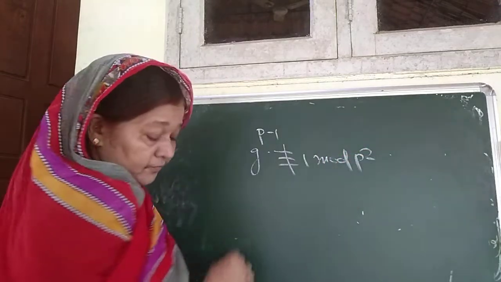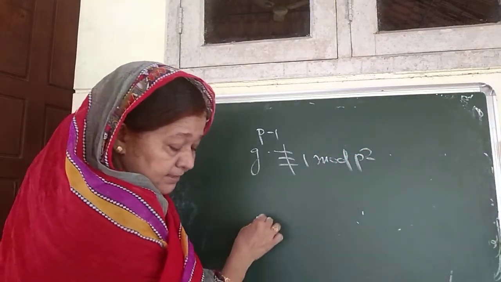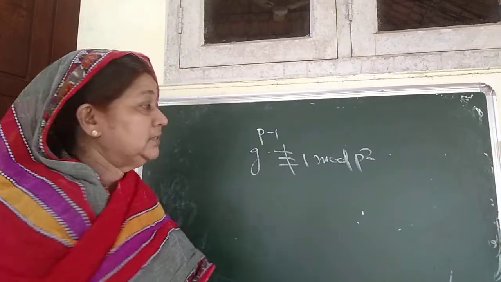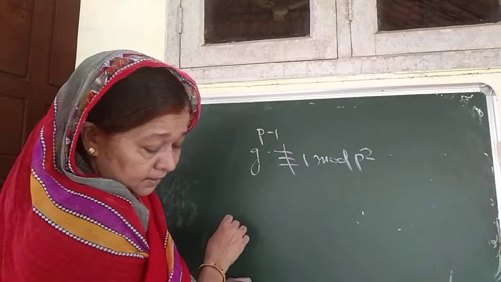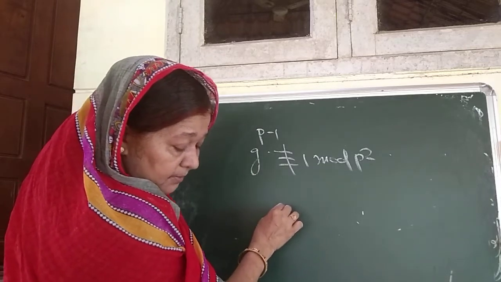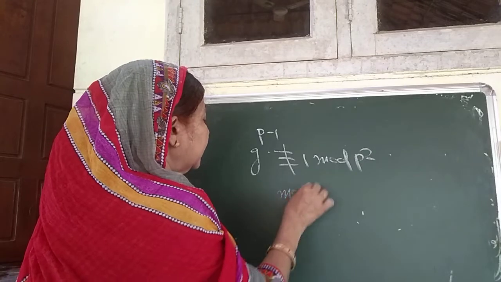Then, if there is at least one primitive root g satisfying this equation, it has at least one primitive root modulo p raised to alpha.